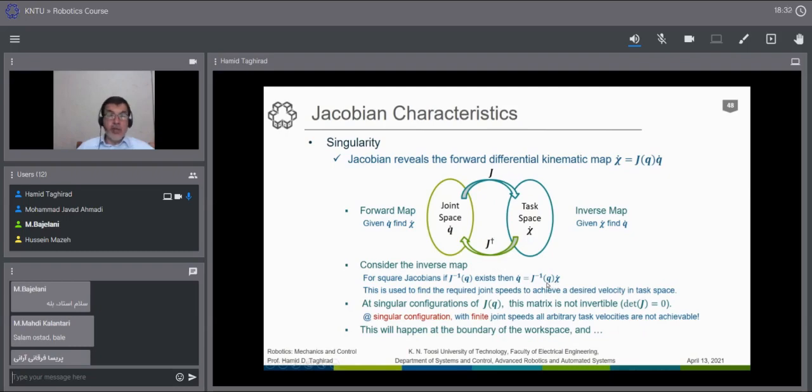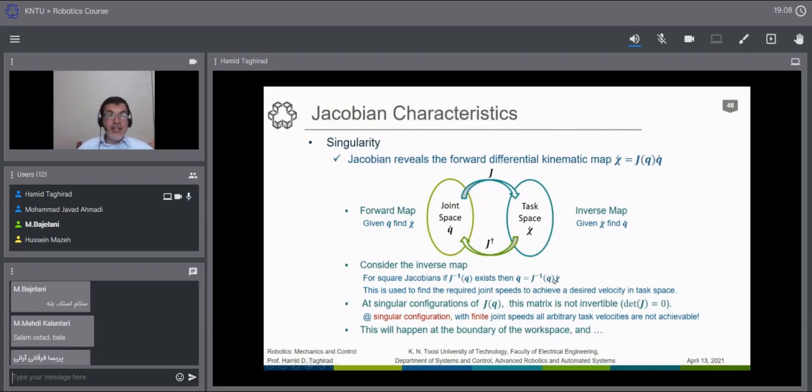If the inverse is not defined and does not exist, then at that particular configuration q we don't have a solution for q dot. We cannot provide any joint motion to do that. Or, mathematically, we need very large velocities q dot for the task space velocity.